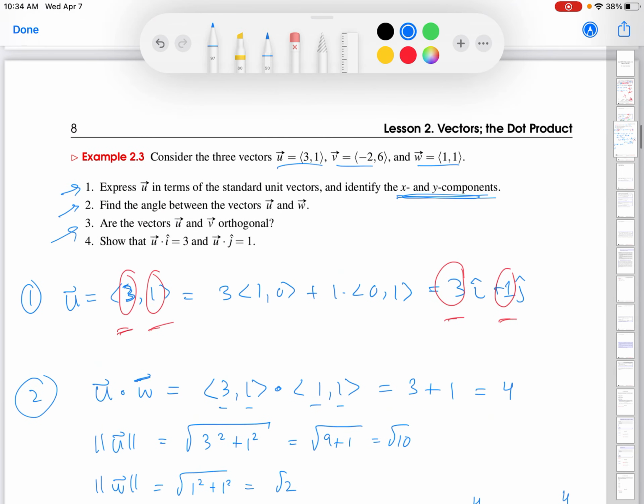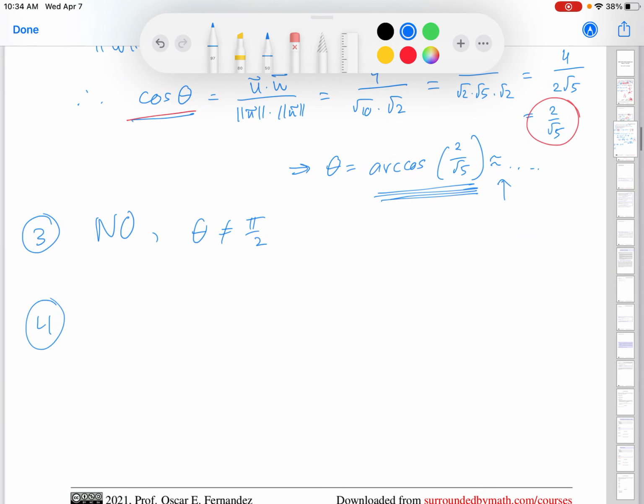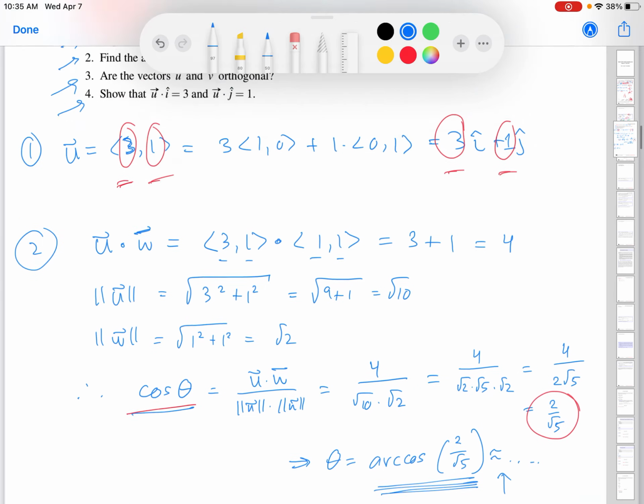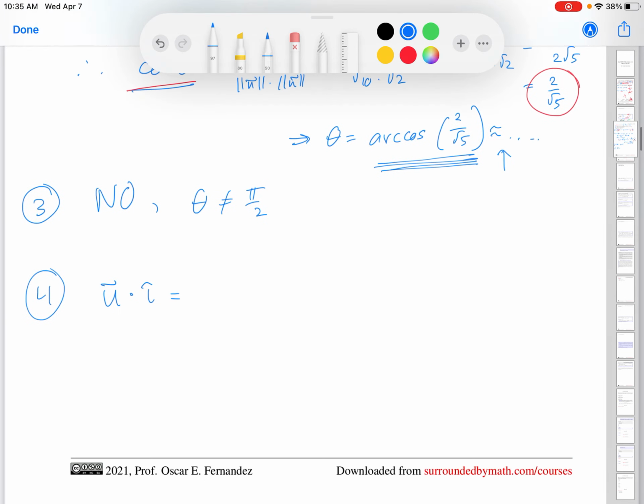And then number 4, show that u dot i-hat equals 3 and u dot j-hat equals 1. Okay, so again, this is meant to foreshadow what I will do in a minute to connect the x and y components to i-hat and j-hat. So I'm going to do u, (3, 1), dot i-hat, (1, 0).